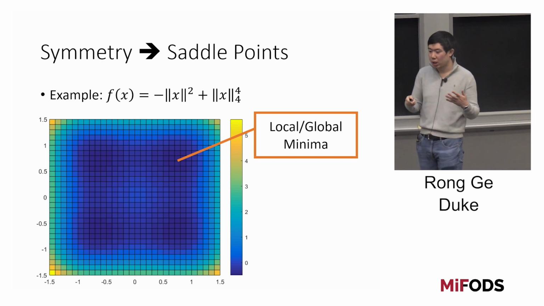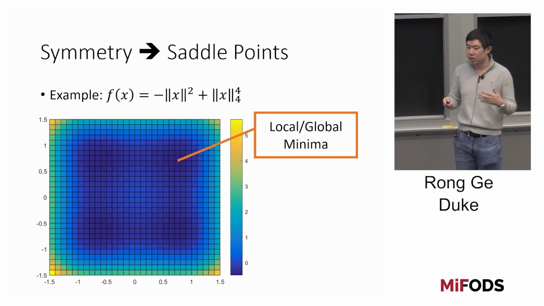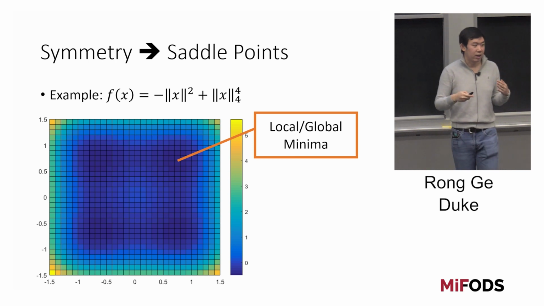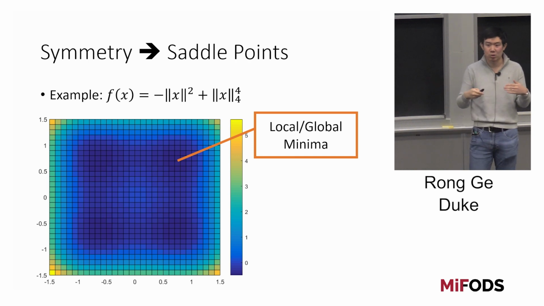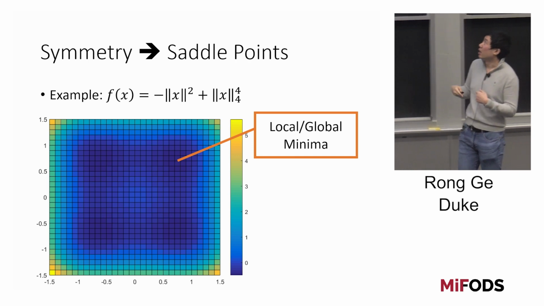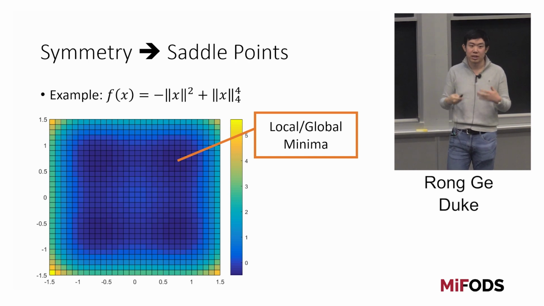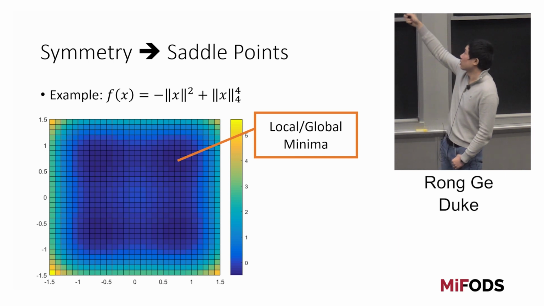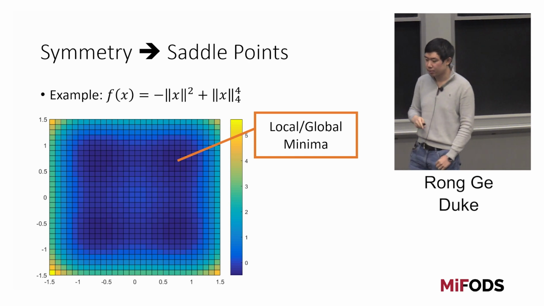These 4 optima are symmetric to each other because for this function, it's easy to see that if I flip the vector x along either the x1 axis or the x2 axis, then the function value is not going to change. So that's the kind of symmetry that we are looking at for this function, and that's also why we have 4 equivalent local and global optimal solutions.